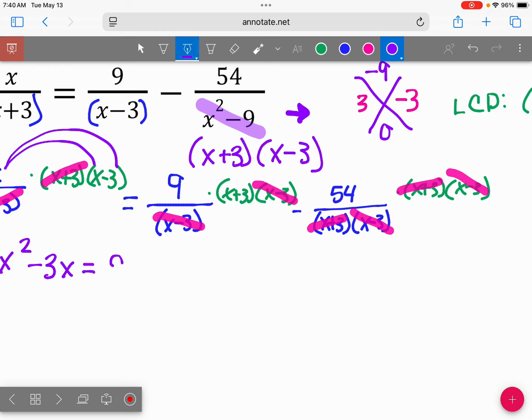So we're going to have 9x plus 9 times 3 gives us 27. And then everybody canceled out on the far right piece, so we have minus 54. So these get really, really long for about a line, and then a whole lot of stuff cancels out, and we have no more fractions.